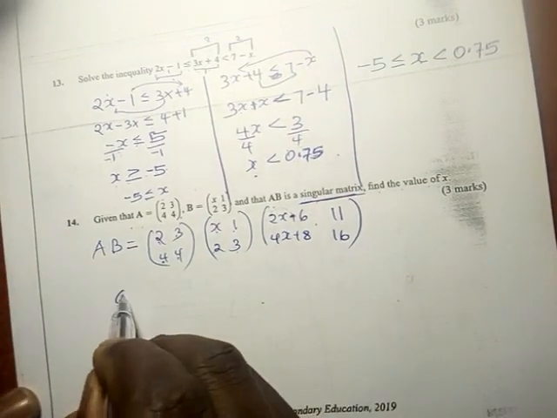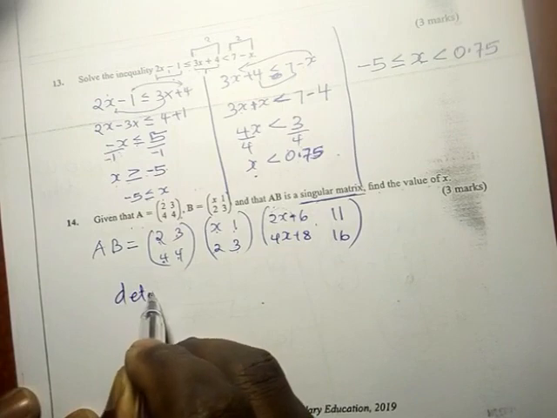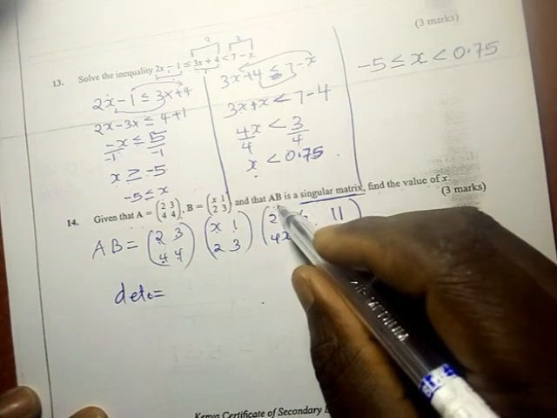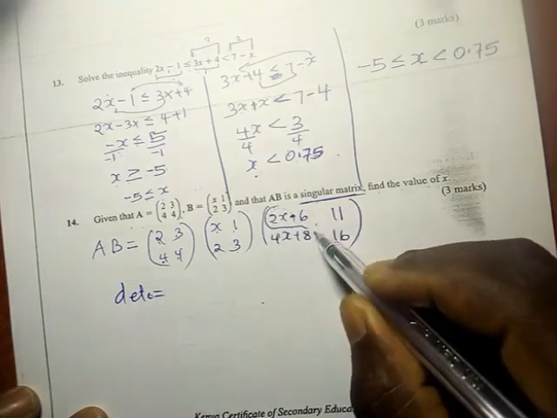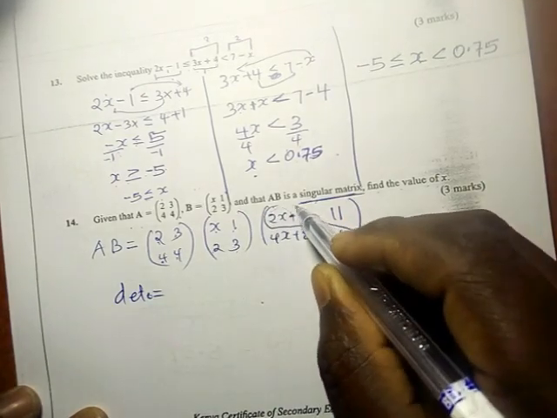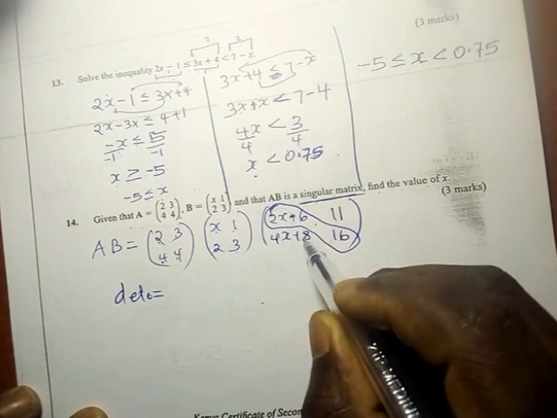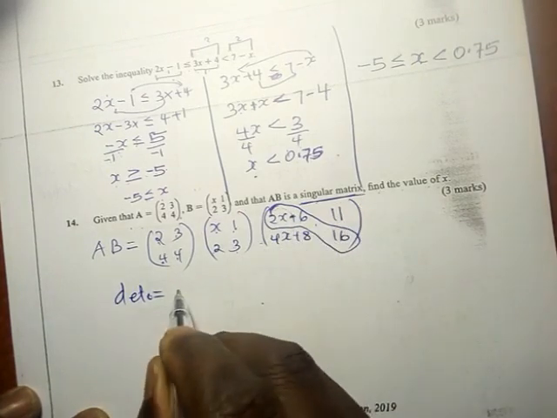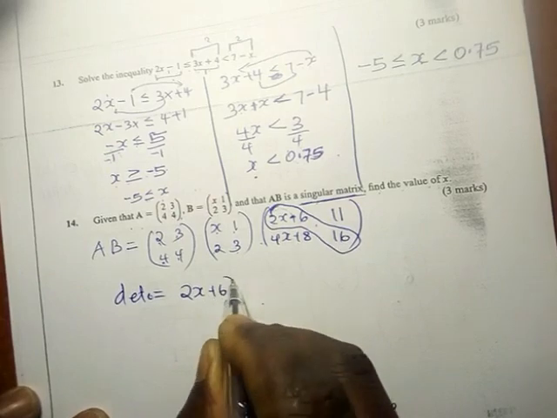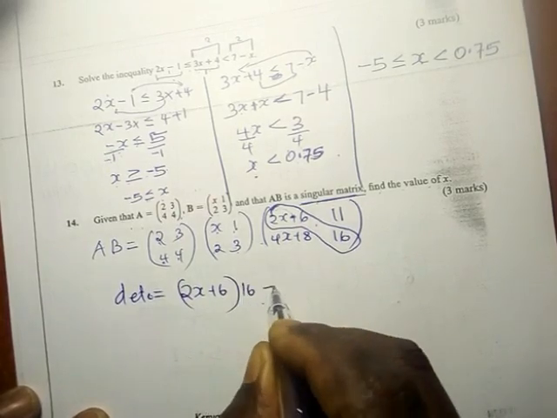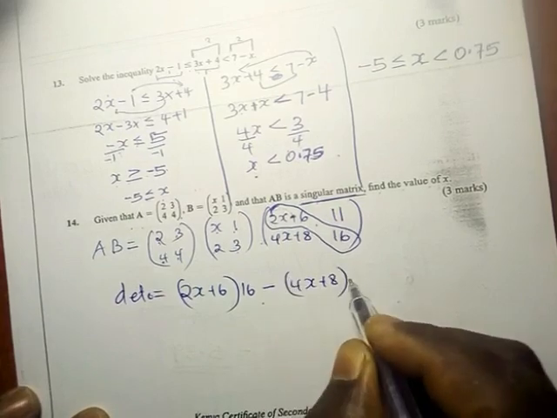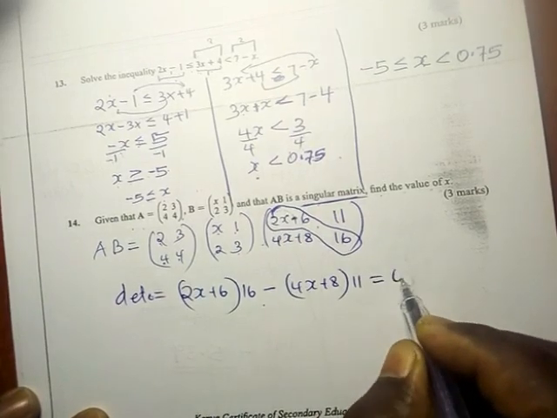So determinant is equal to the leading diagonal minus the secondary. So 2x plus 6 times 16 minus 4x plus 8 times 11, the answer is going to be 0.